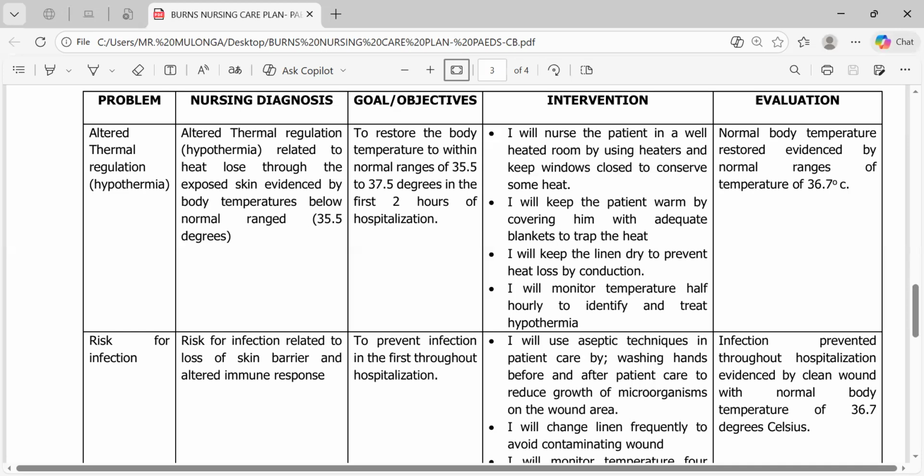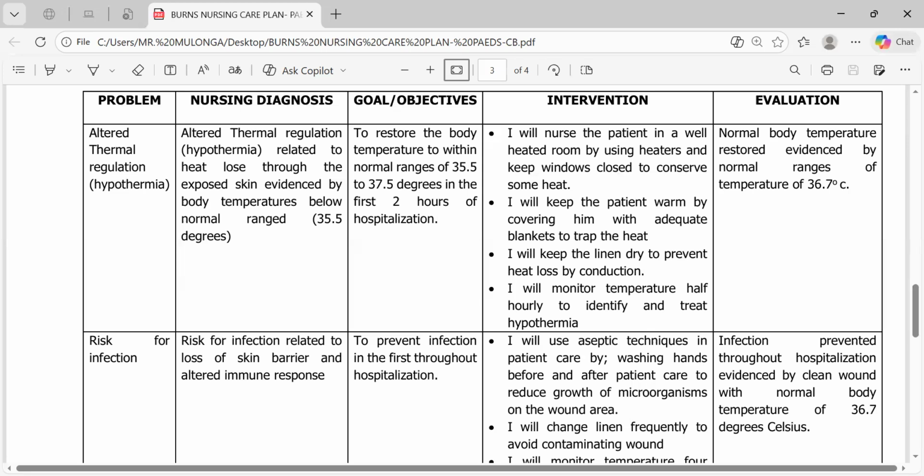Number 3, I'll keep the linen dry to prevent heat loss by conduction. So you make sure that whenever the linen is soiled or wet, the linen is changed so that the child is sleeping on fresh, dry linen. Number 4, I'll monitor temperature half hourly to identify and treat hypothermia.